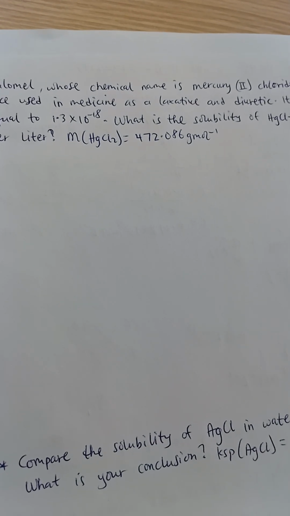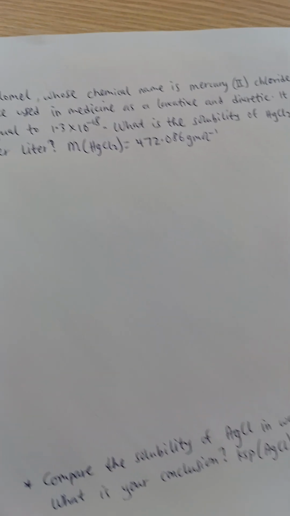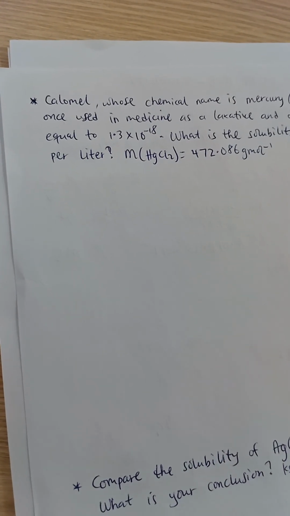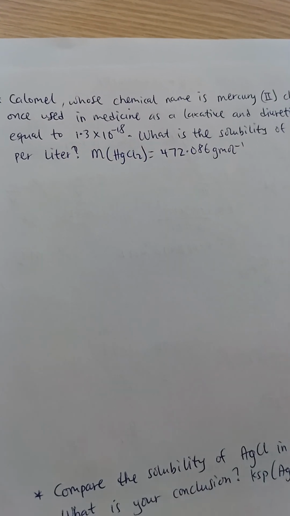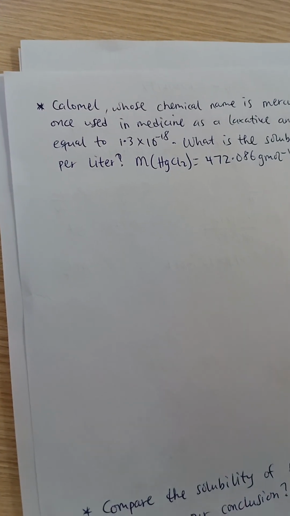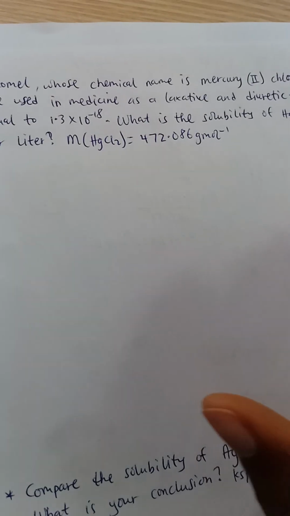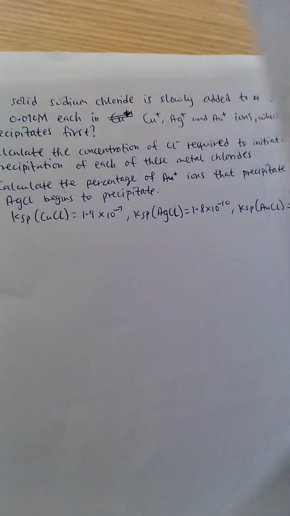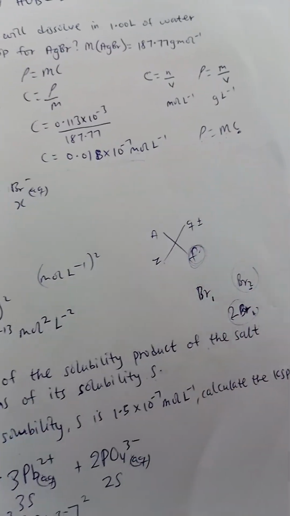So now, since we know the Ksp, we can use the Ksp to find the solubility, which is in mole per liter, because when we are calculating for Ksp, the solubility we use is mole per liter. Once we get the mole per liter, then we can change it to gram per liter, and we know the relationship to use, isn't it? Rho equals mc.